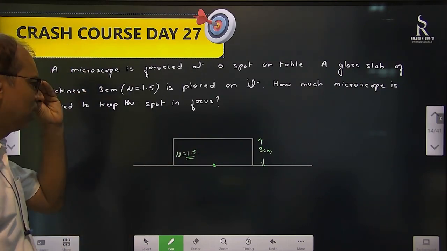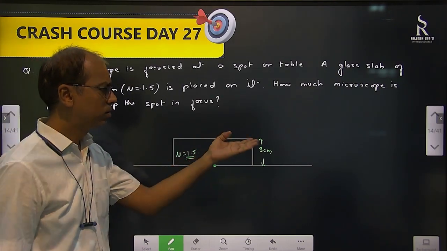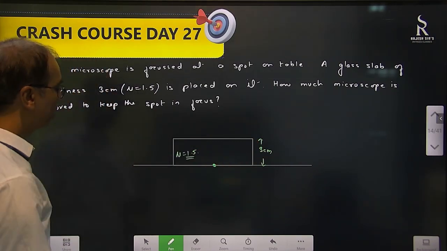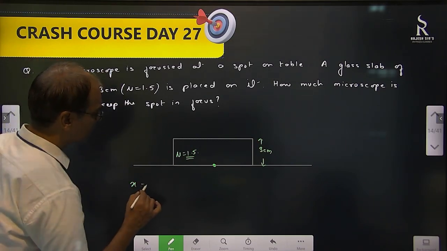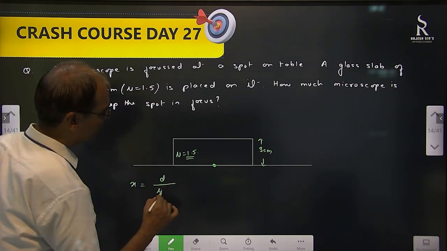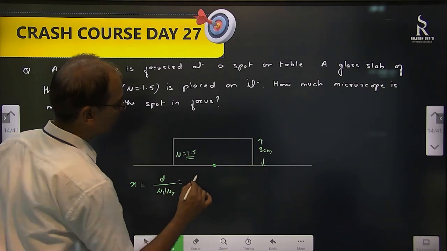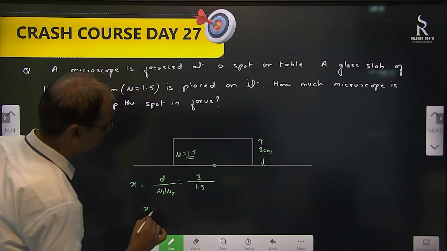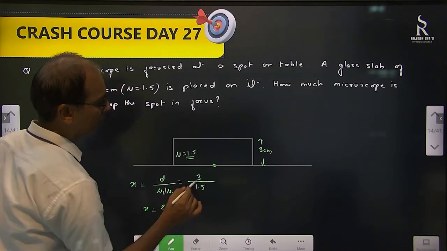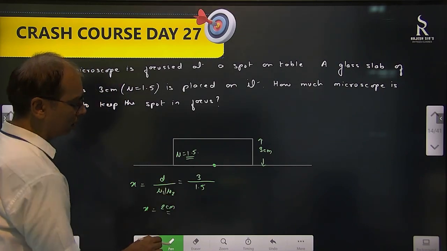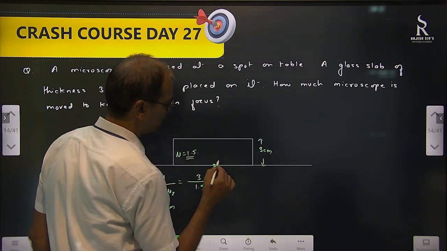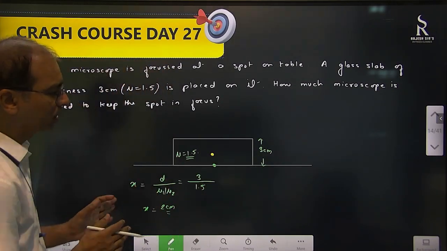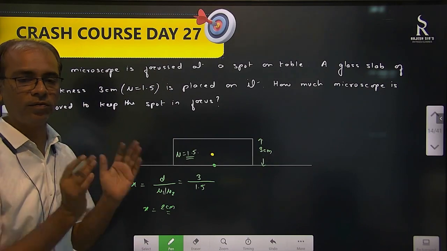Okay, so let's see. Now this is the object, actual position is 3 and this light has to go out. So the apparent position is actual position by mu1 by mu2. What is d? 3. Mu1 is 1.5. Mu2 is 1. So x is 2 centimeters. That means this spot will not appear here. It will appear slightly above. Remember, this apparent position always comes from the surface where the refraction is happening.